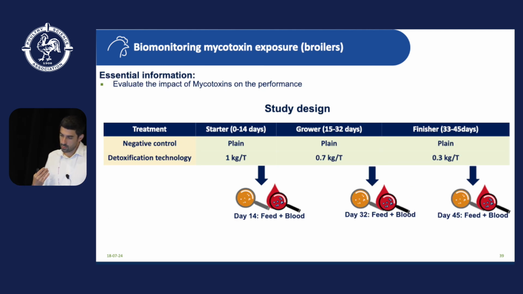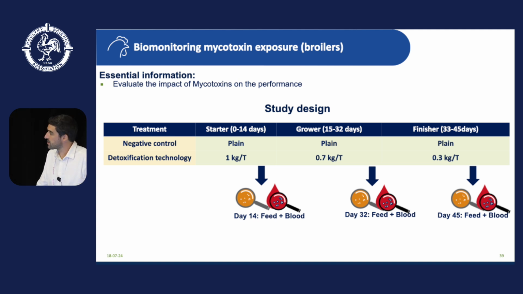So we decided to try to understand if with the biomonitoring programs we could find the correlation between low levels of mycotoxins and the impact on the performance. So we did an evaluation. We did 2 groups, a control group and a group consuming a detoxifier technology.